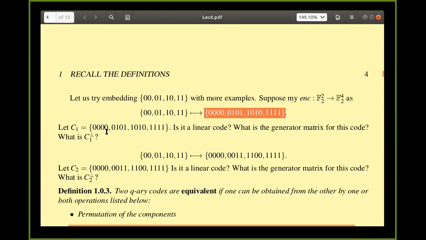Any one of you? So how do you check whether it is a subspace or not? At least the binary case is much easier. Yeah, Nikita, go ahead. You can check the conditions like linear combination.